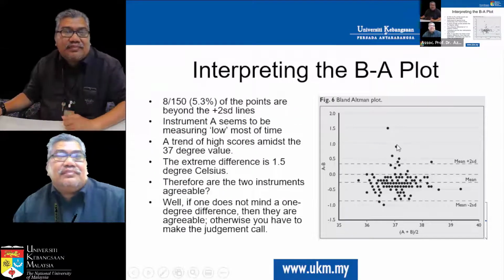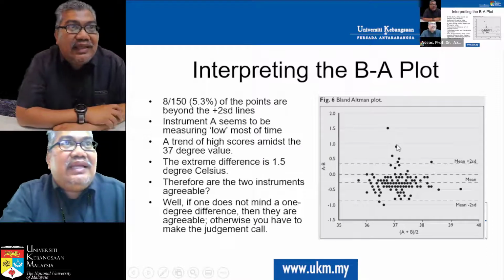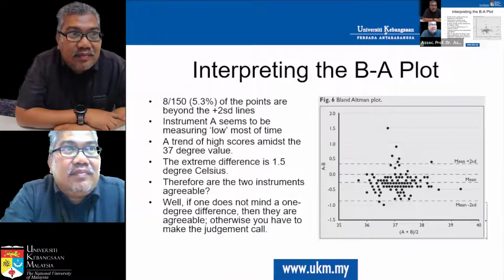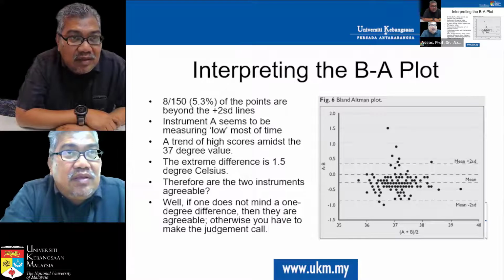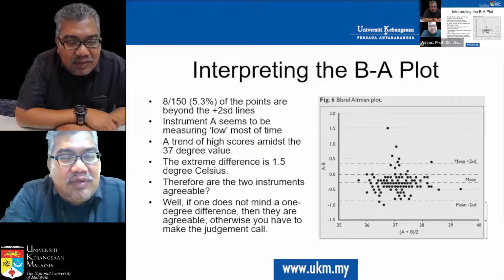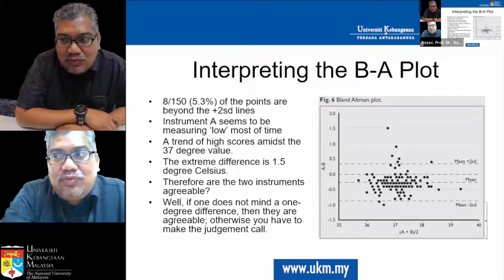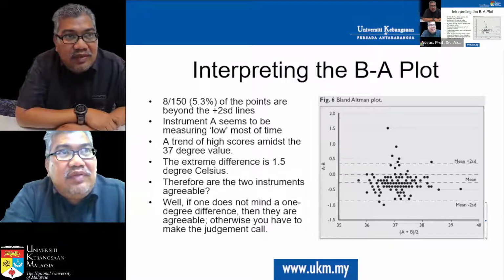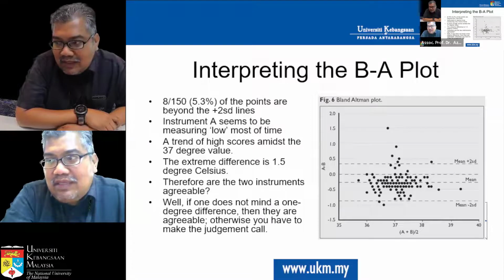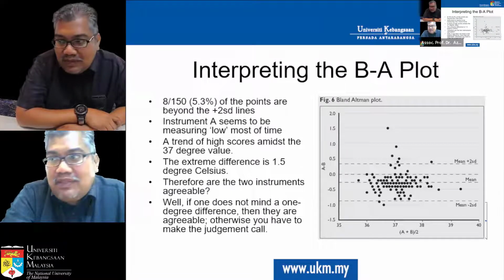You will see that some of the differences are larger than 2 standard deviations or smaller than minus 2 standard deviations. Those which are beyond 2 standard deviations, we consider as not having agreement. When you have this kind of situation, then you have an issue of agreement.